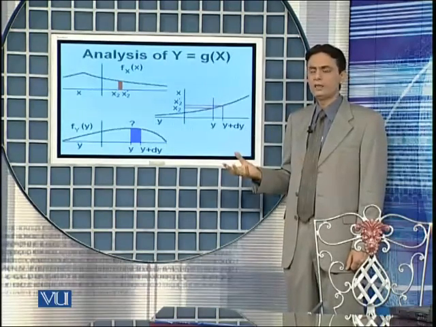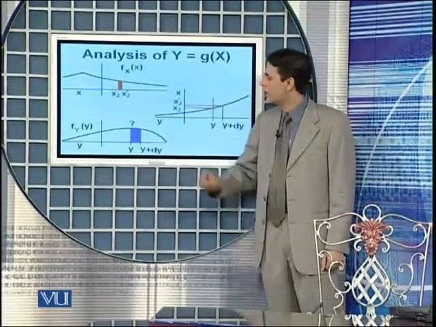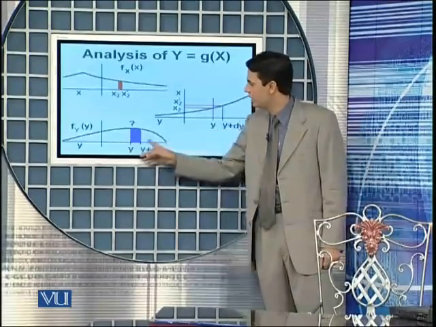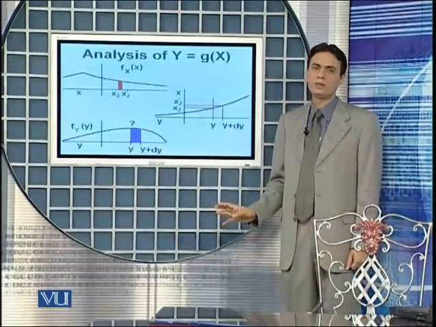To find that, pick a point y. This point is shown here. This is a general point. You can pick it here, here, here, anywhere where the random variable y assumes its value.